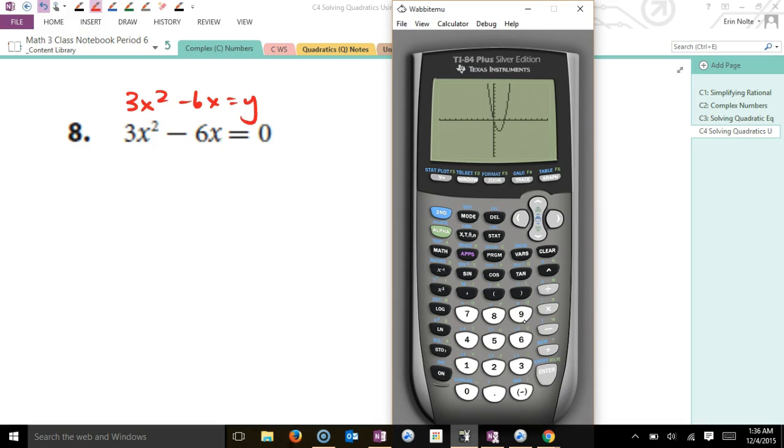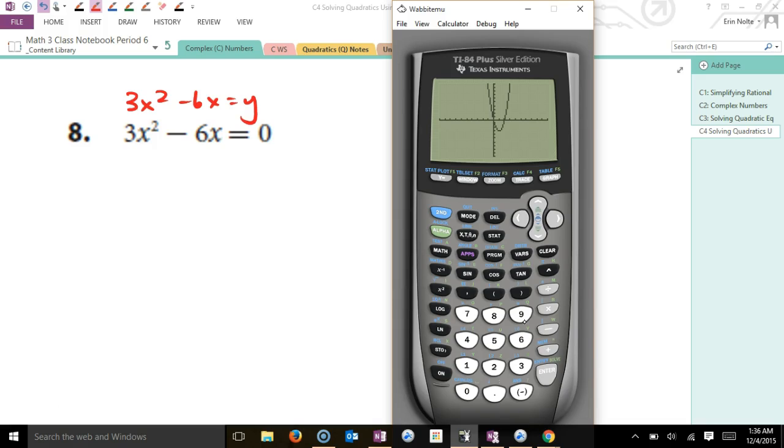All right, so what am I looking for? Where am I going to find these solutions? Very good, the x-intercepts, which is where I made the y value 0. Notice my equation is set equal to 0. So another word for the x-intercepts is the zeros.